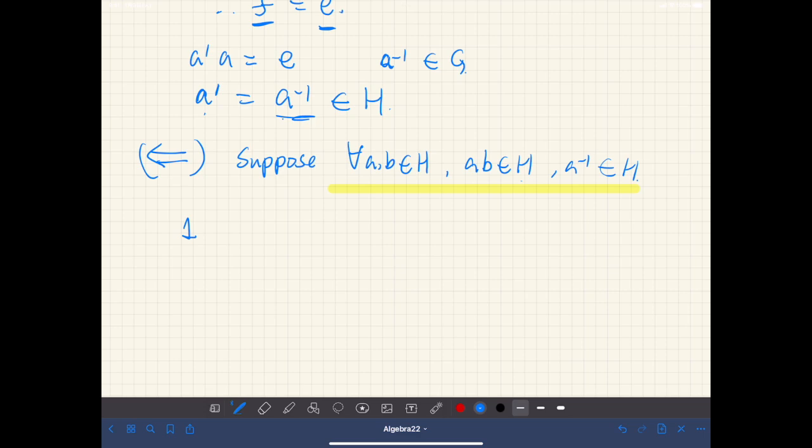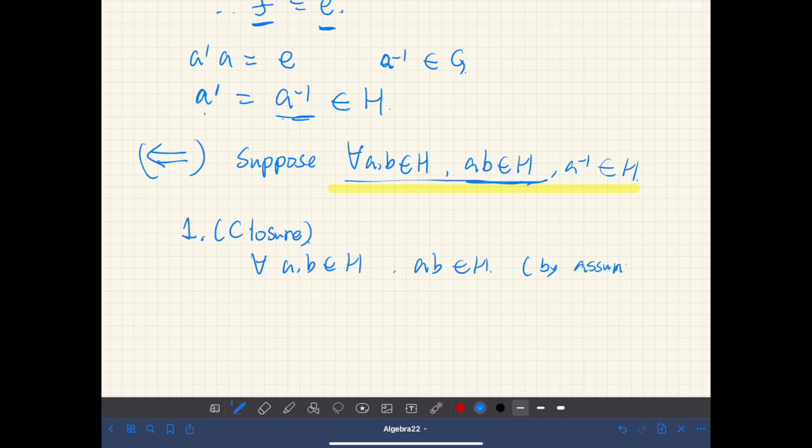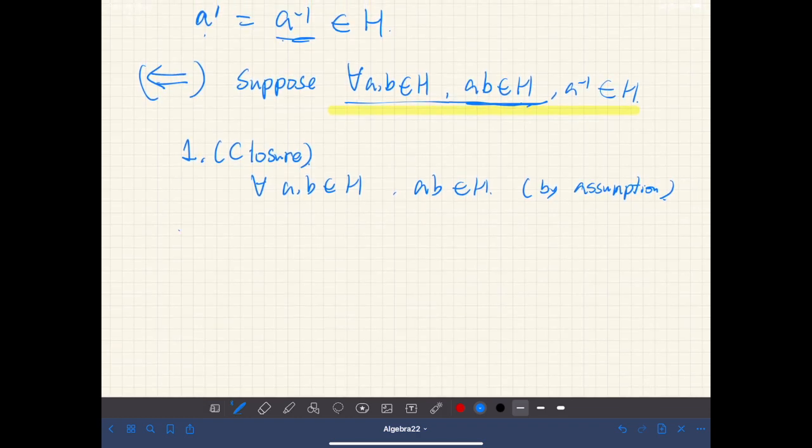Okay, the first one is the closure condition. That means for all A, B in H, we have AB in H. But this is an assumption, right? So by assumption, the closure condition is satisfied. And second is associativity.